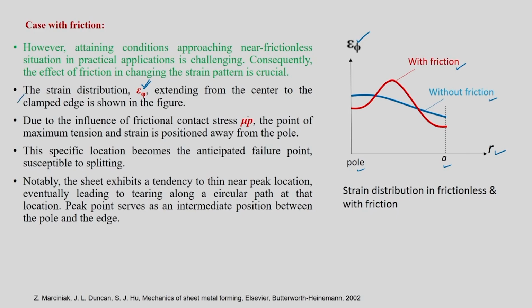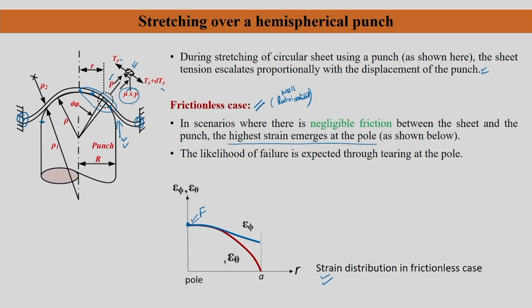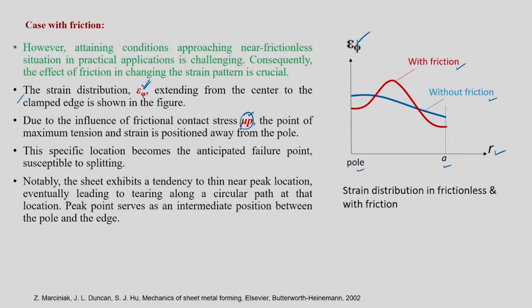Due to the influence of friction contact stress, that is mu P, just now we introduced this mu P component here. Because of this mu P, it is going to actually pull the point of maximum tension away from the pole region. Okay.